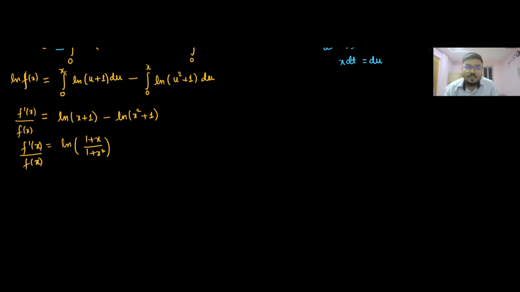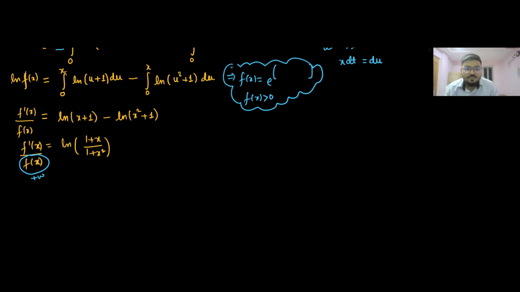Whatever the value of the integral, e raised to any power is positive. So this f(x) is actually positive. Why am I thinking this? Because we have to see whether the derivative is positive or negative, whether it is increasing or decreasing.